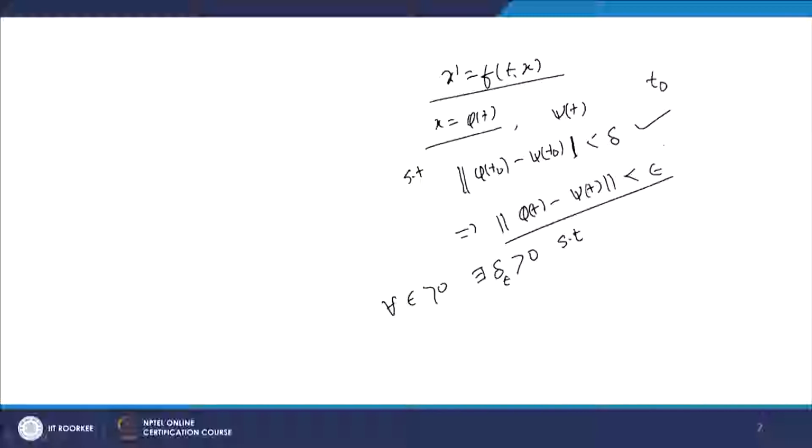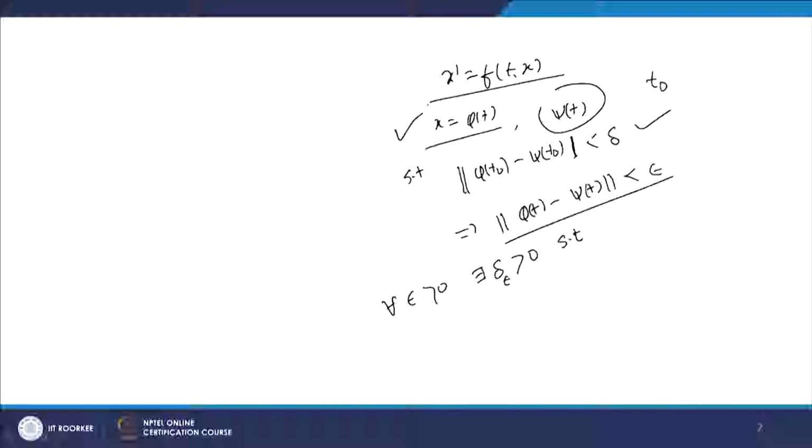If for every psi(t) we have this condition true, then we say that x = phi(t) is a stable solution of x' = f(x).